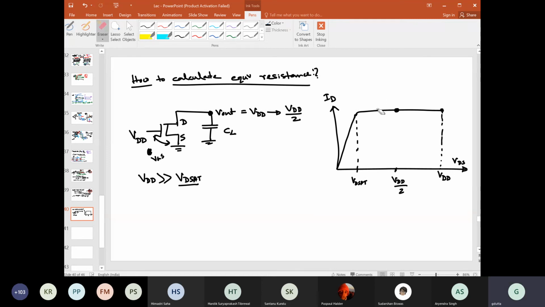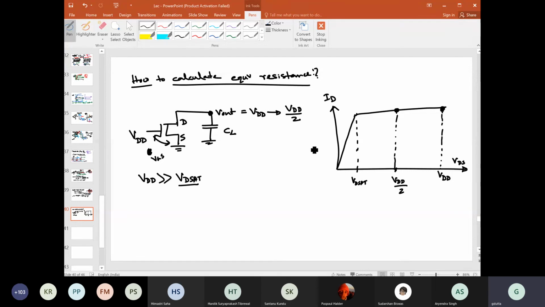I will slightly modify it again, because I have not considered the effect of VDS on ID. So I will make a slight ramp so that you can see the effect of VDS on the value of ID. It is not completely saturated, but slightly increases with increasing VDS, which is also the practical nature of a MOSFET.